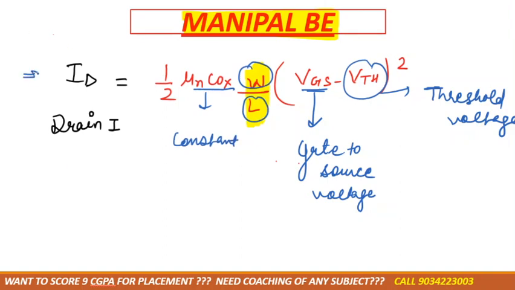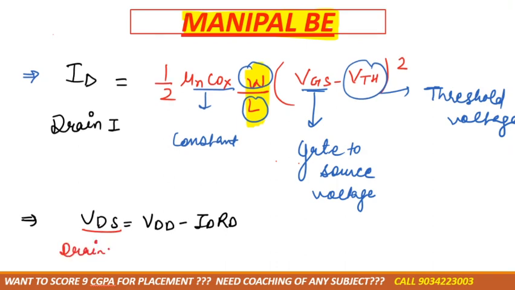This is one of the formulas and a very important formula. Another formula is VDS is equal to VDD minus ID into RD. What is VDS? That is the drain to source voltage. VDD is the drain supply voltage. ID is the drain current, and RD is the drain resistance.